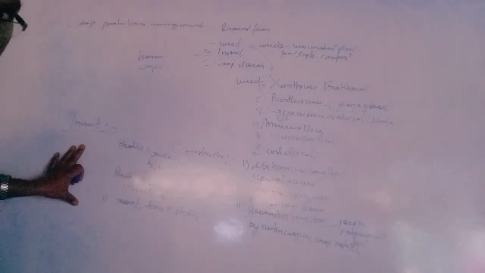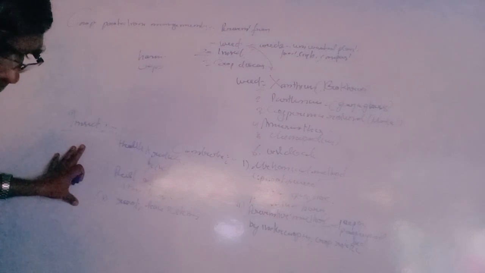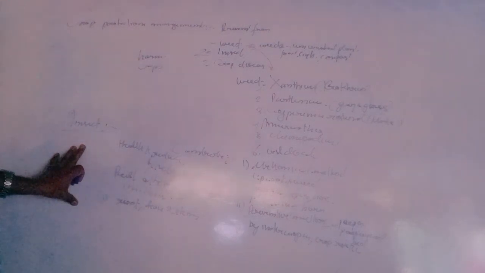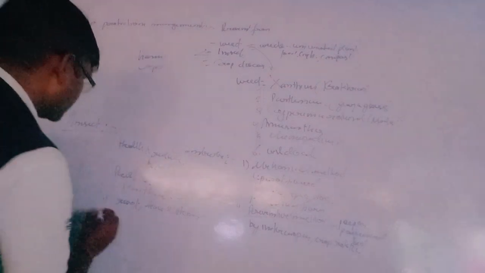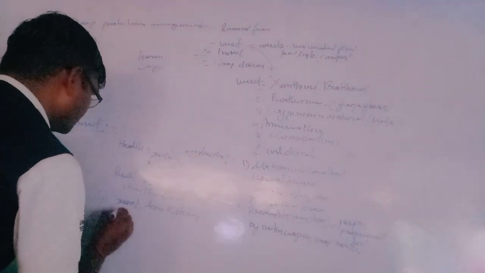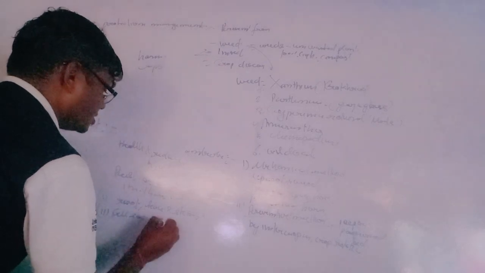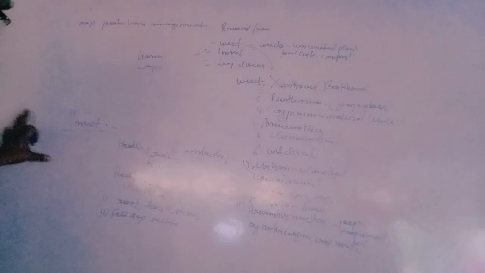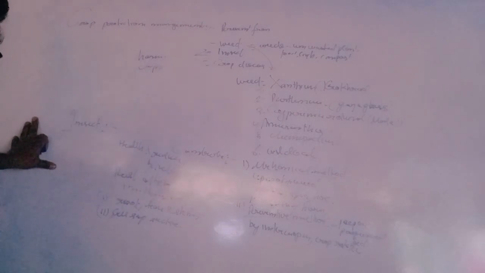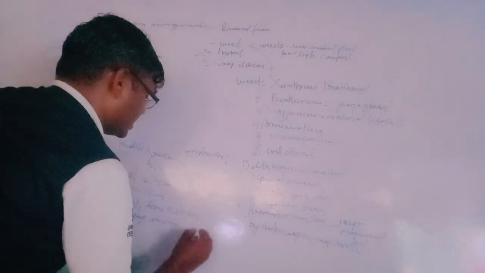The second type is called sucker. They suck the cell sap. Cell sap suckers. Different types of cell sap suckers are available here, like aphids.